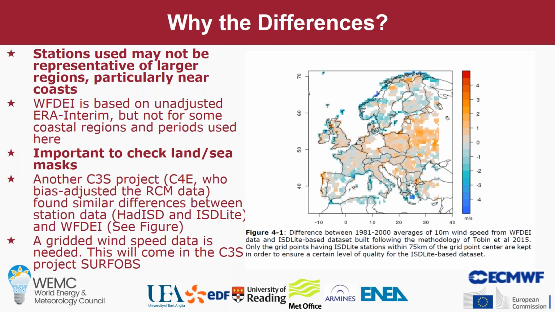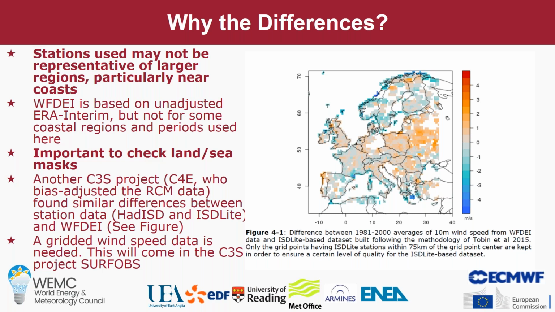So some masks might omit islands, might omit some coastal areas around parts of Europe, particularly where you've got a lot of coastlines like Italy and Greece and the United Kingdom and Ireland, whereas other data sets include many more coastal squares and island squares.